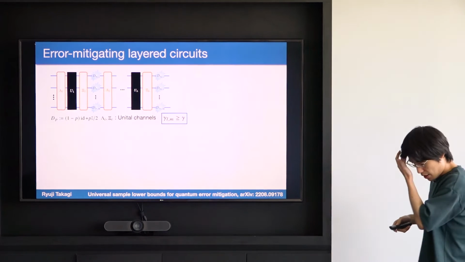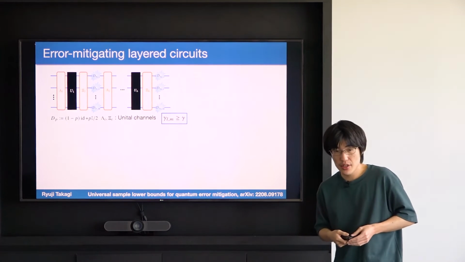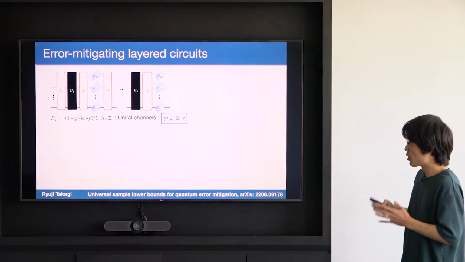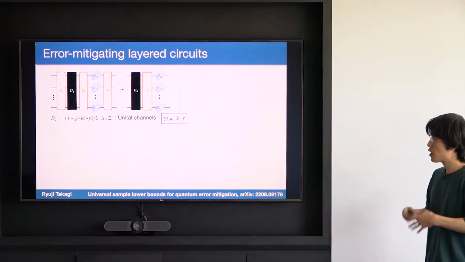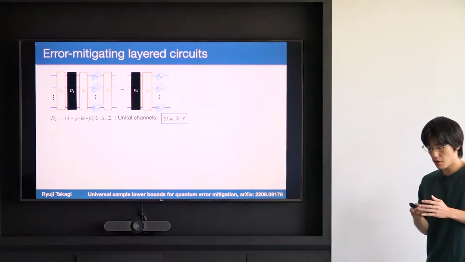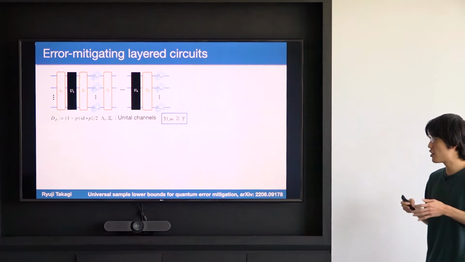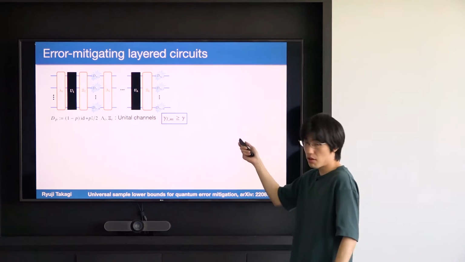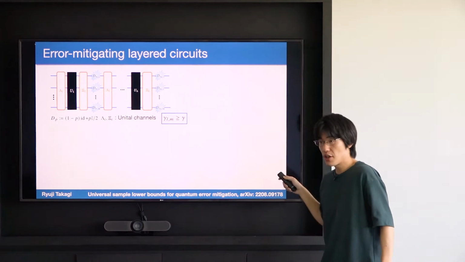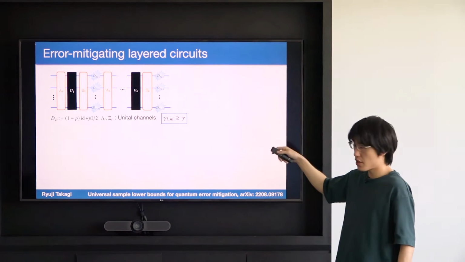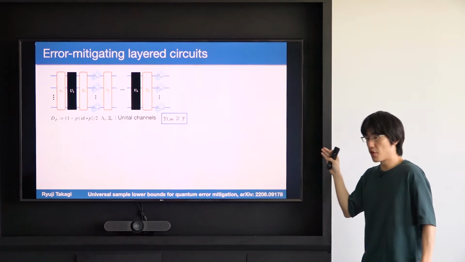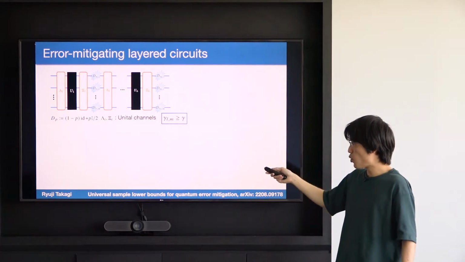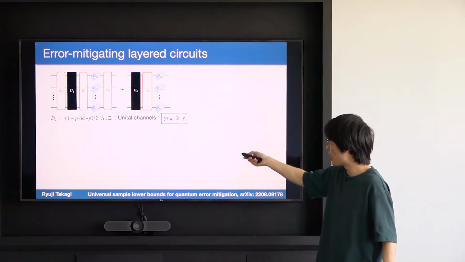So now let me apply our ideas to some scenarios, where we apply them to a circuit that consists of layers of unitaries. So I have a number L of layers of unitaries, and that suffers from, let's say, local depolarizing noise with some strength gamma, like here.